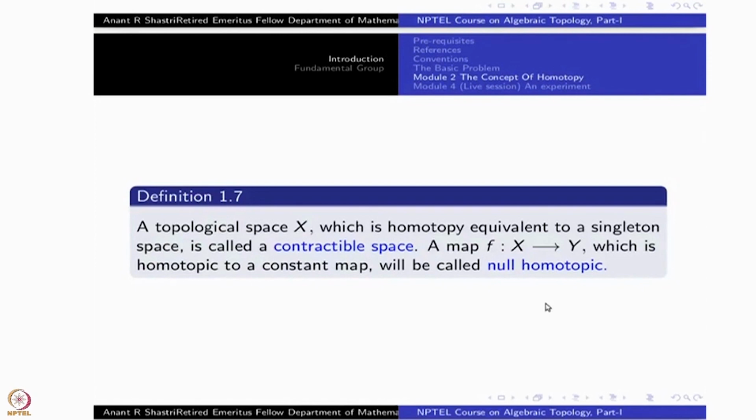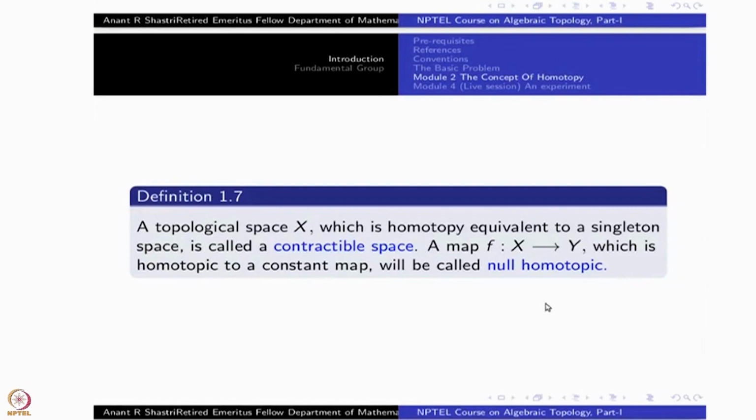A map f from X to Y which is homotopic to a constant map, we should also do this for maps, no? Such a thing is called null homotopic. A constant map will not have many properties. If you compose with a constant map, that will also become a constant map.